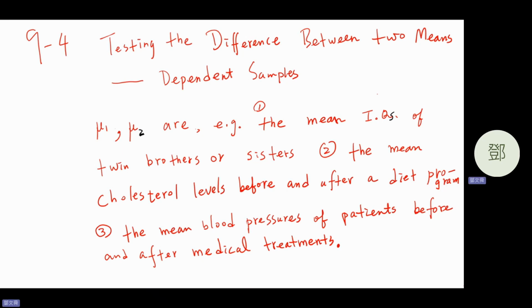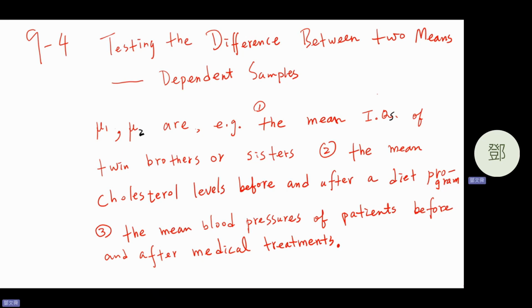So Xi and Yi in this example will always be dependent.